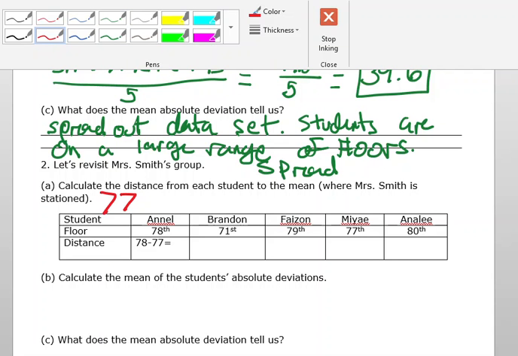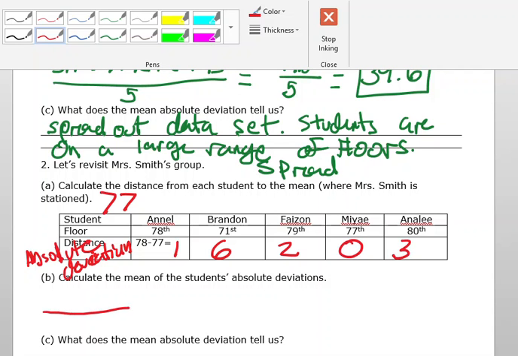When I look at the distance from the floor to the mean, also known as the absolute deviation, from 77 to 78 is 1. From 77 to 71 is 6. They're 6 floors away from the mean. The 79th floor is 2 floors away from the mean. Maya is on the mean floor. There's no deviation there at all, 0.